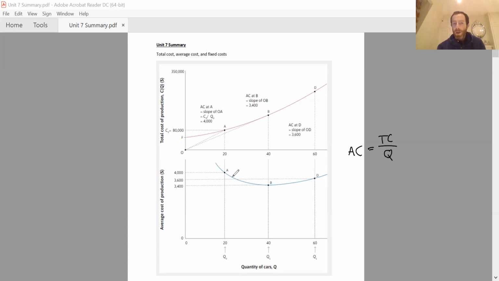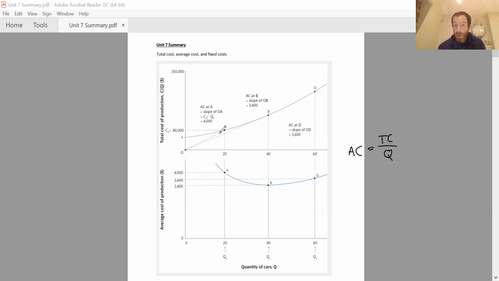One way we can visually see that this is going to have to happen is another way of thinking about calculating the average cost. If we pick point A, we could form a triangle from O to A to 20. Then the average cost would be the slope of the line that joins O to A. Why?